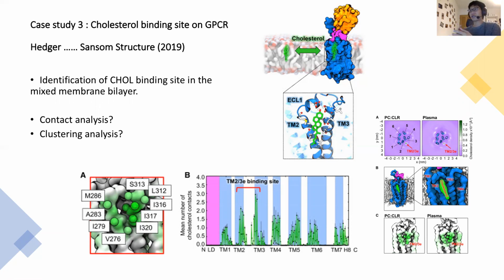And it is not just cholesterol on this GPCR that has been worked on. We have the Kir channel, where previously we put PIP2 randomly in a box and it found a binding site on the Kir channel. So it proved to be a very good technique to first identify the binding site of a lipid unbiasedly. Then in the next video, we will look at how we can quantify binding free energy.